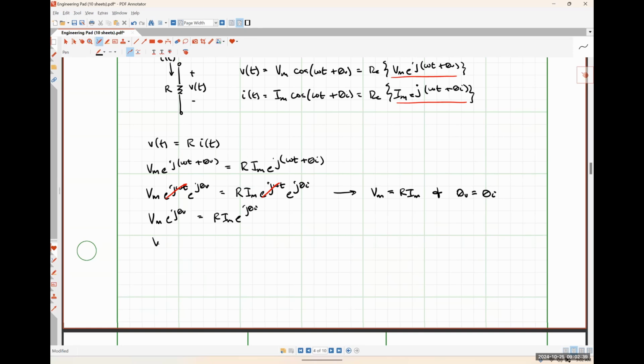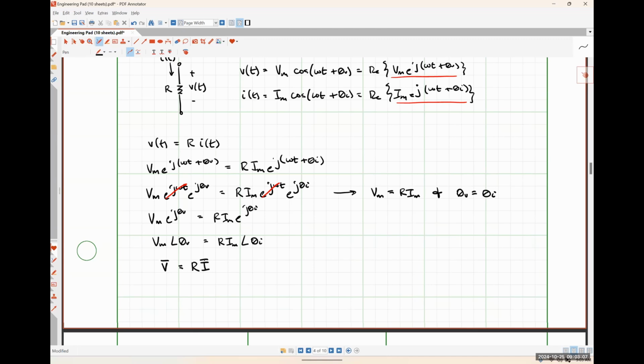Well, I would have Vm angle theta v is equal to R times Im angle theta I. Vm angle theta v is literally the definition of my voltage phasor, and Im angle theta I is the definition of my current phasor.